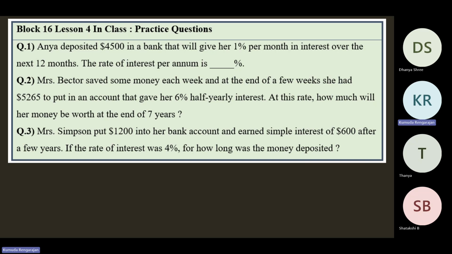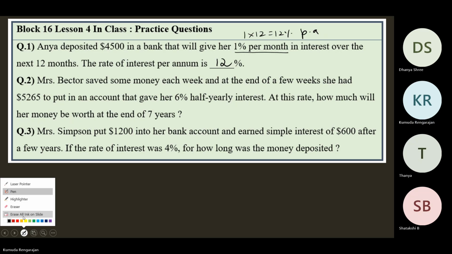The rate of interest per annum is, okay, sorry, I didn't read ahead, I just gave you the answer. It's 1% per month. So for 1 year, it will be 1 into 12, 12% per annum. 1% for every month, so for 12 months, it will be 12%. And that is what we want. The rate of interest per annum is 12%.